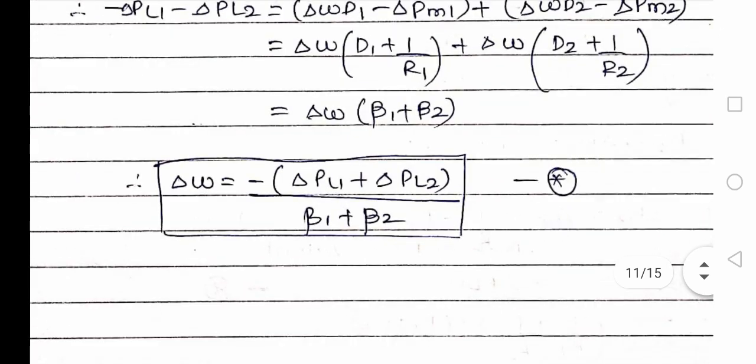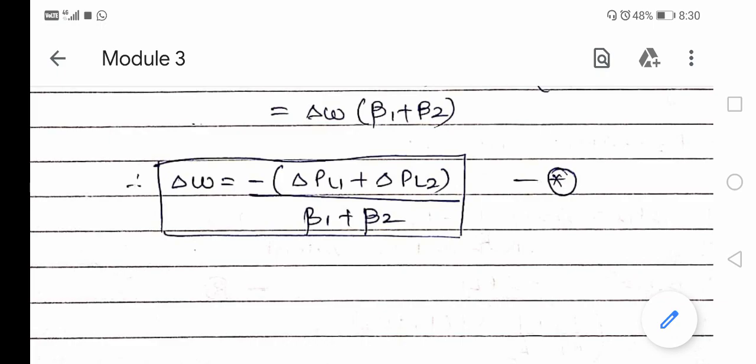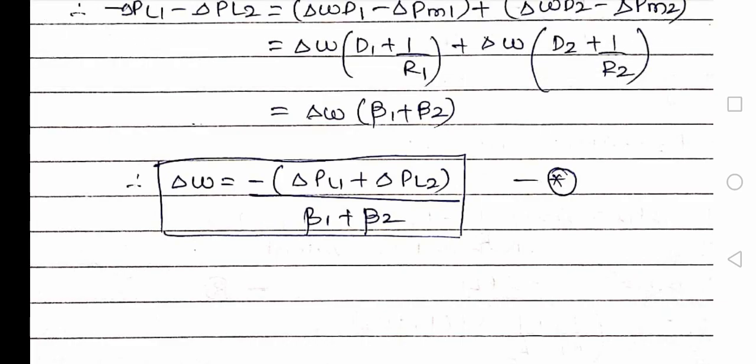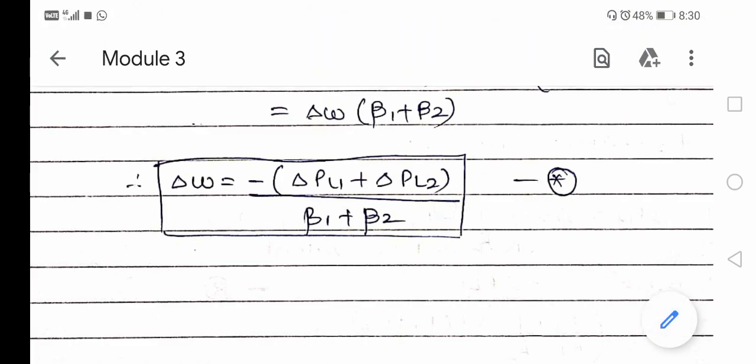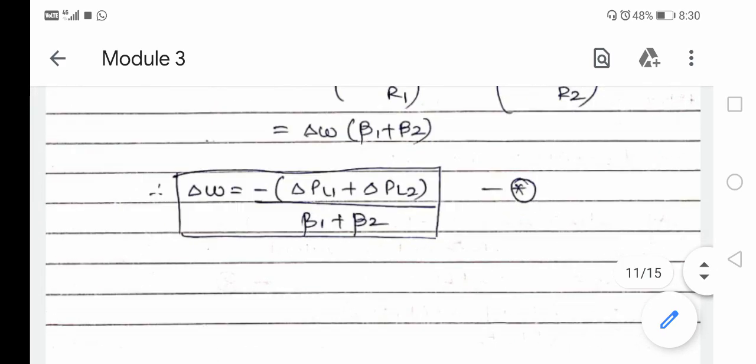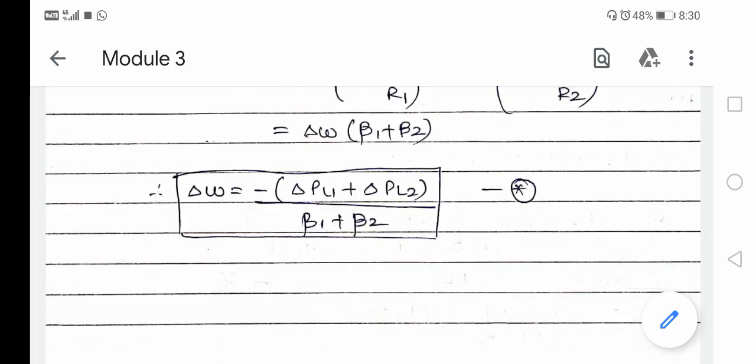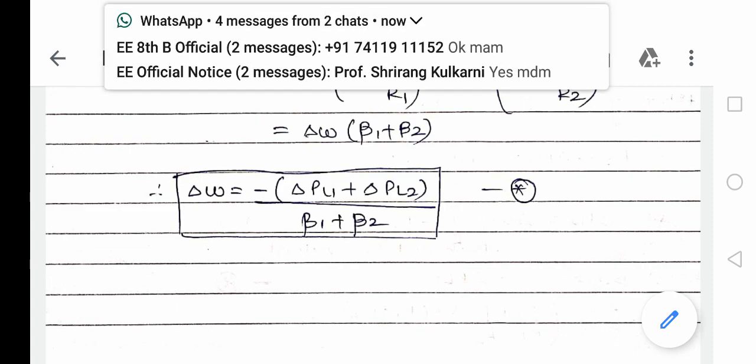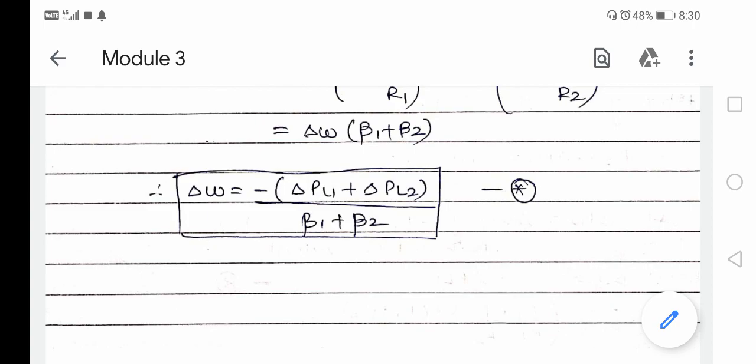So combined for both the areas we can write the equation as delta omega is equal to minus of delta PL1 plus delta PL2 divided by beta 1 plus beta 2. For the load change in area number 1 we have written delta omega as minus delta PL1 divided by beta 1 plus beta 2.